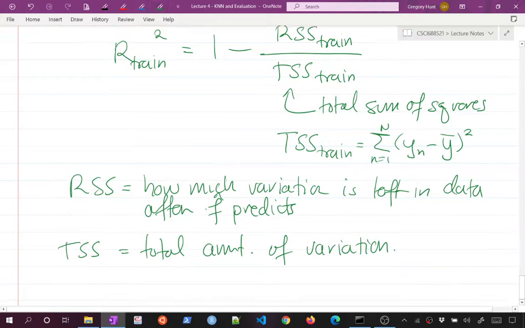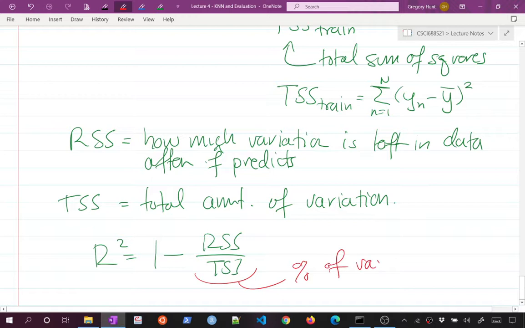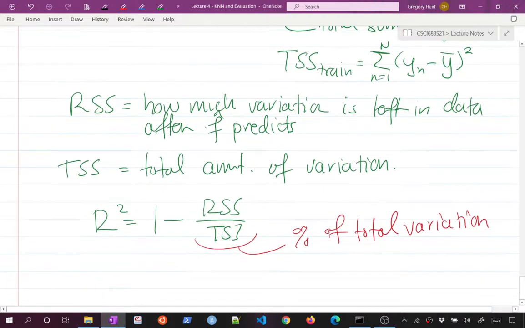And so the idea here is that R squared is 1 minus RSS over TSS. RSS over TSS is going to be the percentage of the total amount of variation. The bottom is the total variation. The top is the variation that is left over after accounting for f hat.